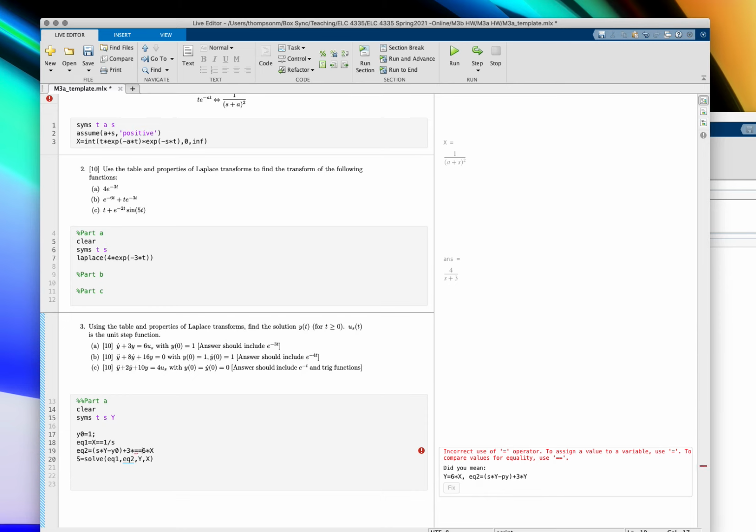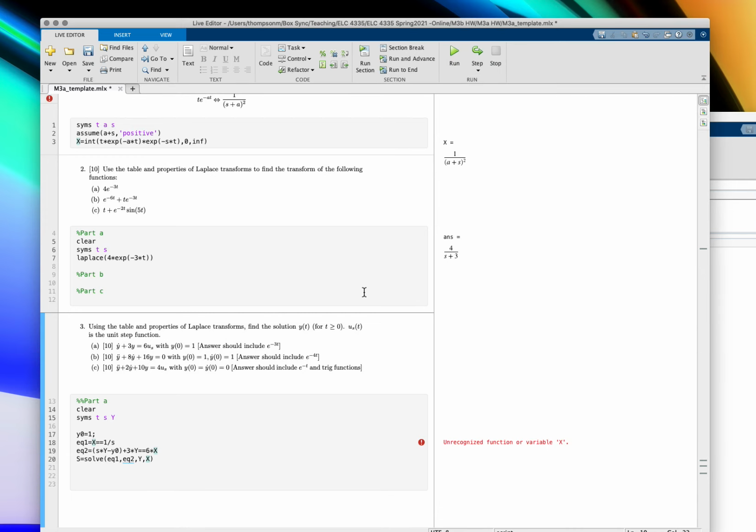A double equal sign, to properly define that equation. That's why it threw an error, because it was expecting a defining equation, and all I had was a usual MATLAB equation, not a symbolic equation. Double equal signs are needed for symbolic equations.